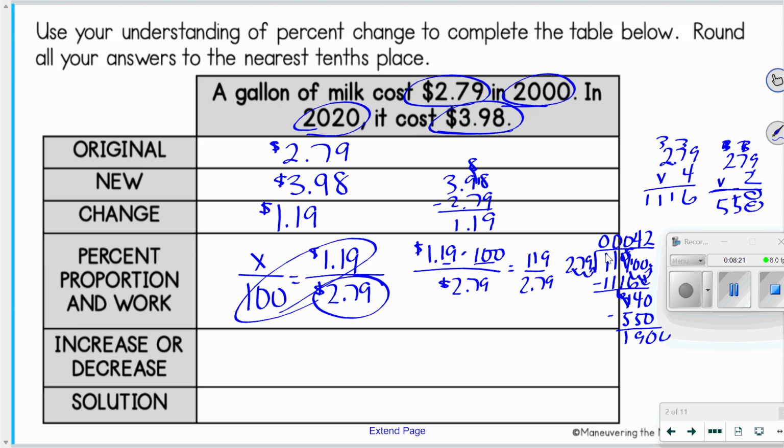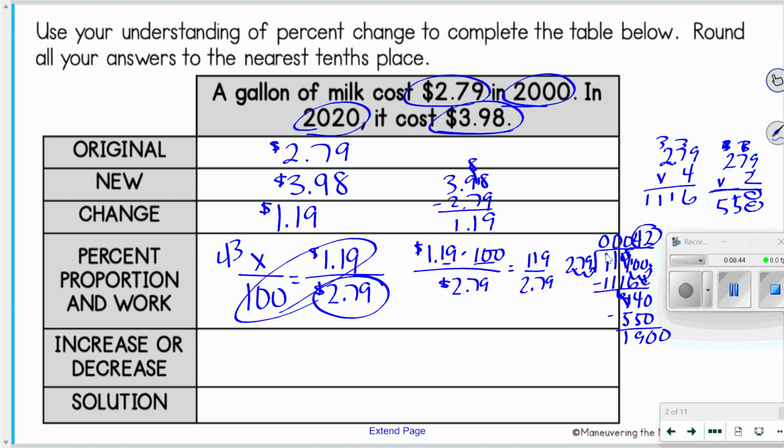So I'm at 1900. I said round to the nearest whole percent. So my next decimal, is it going to be 5 or bigger? Yes. Meaning to go my nearest whole percent, I know my decimal is bigger than 5. So my 42 is going to be about 43%.